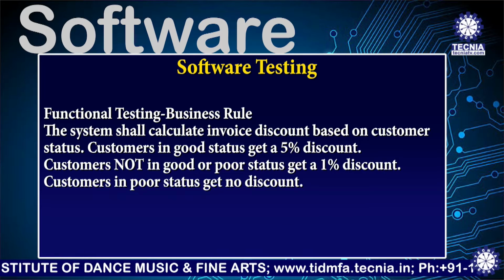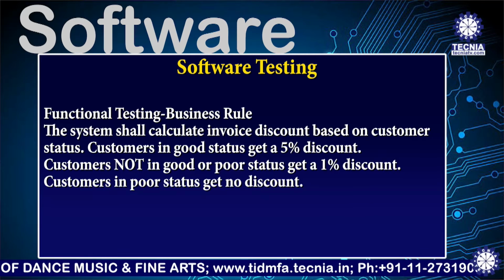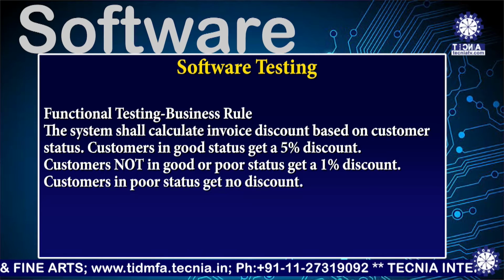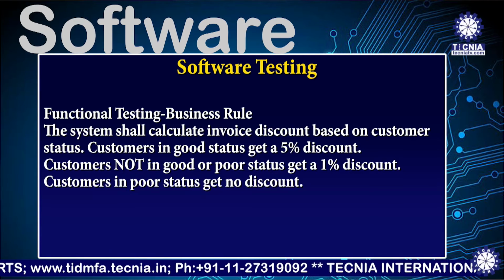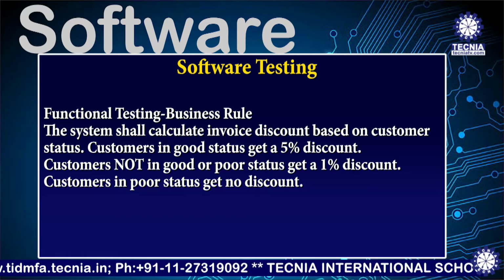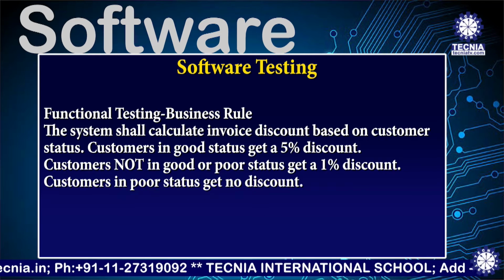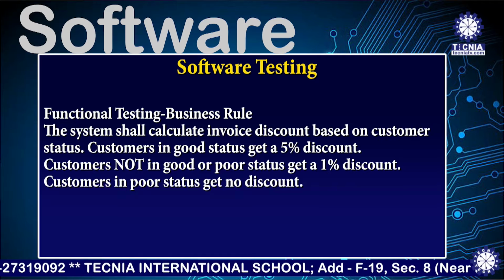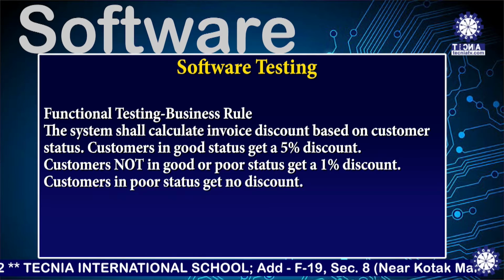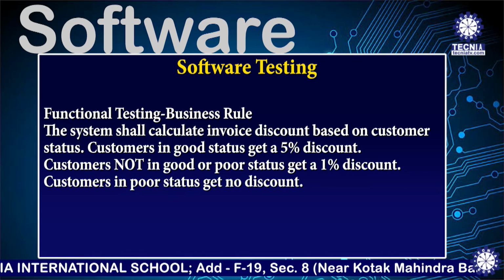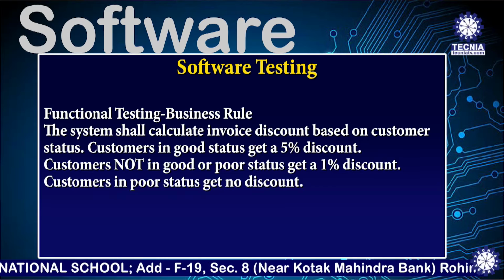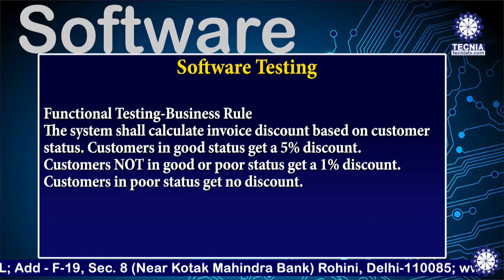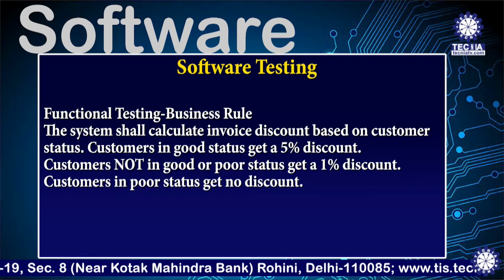For understanding business rule, let us take the example of 3 categories of customers. Maybe the first customer is an excellent customer, the second is a good customer, and the third is a bad customer. While we design the software for all these types of customers, if a customer is excellent, we may give 5% discount to him.